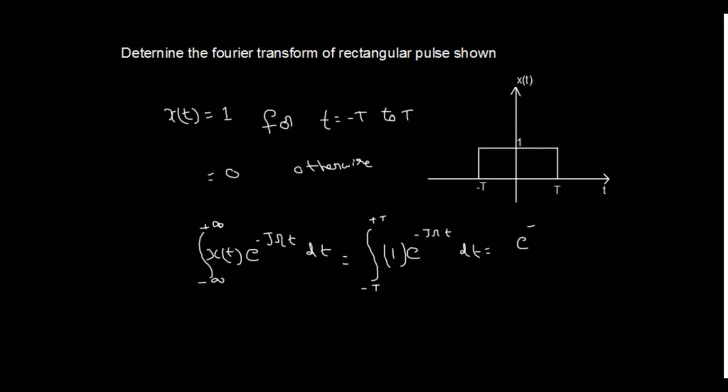So e power minus j omega t by minus j omega, with limits minus T to plus T. That is equal to upper limit minus lower limit: e power minus j omega T by minus j omega, minus of minus, plus e power j omega T by minus j omega.